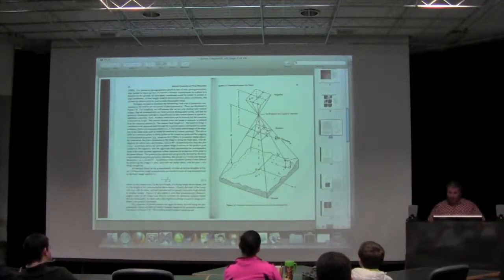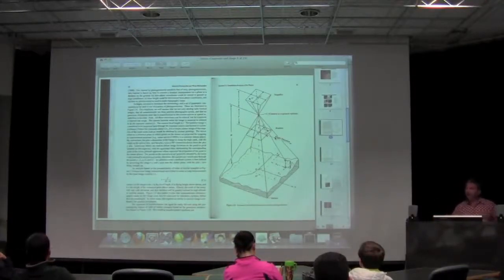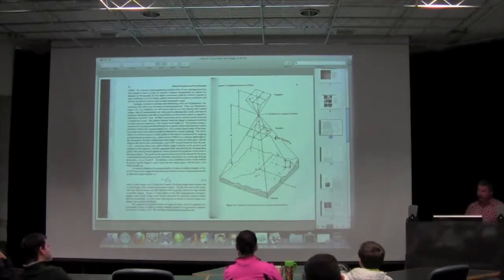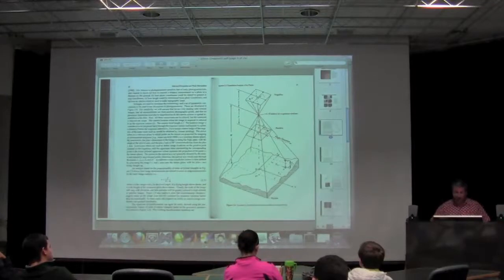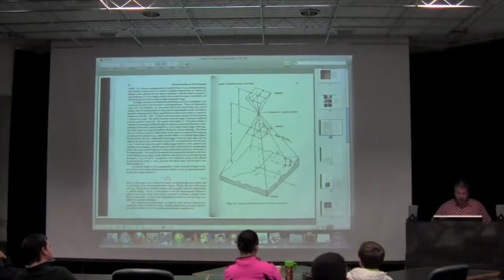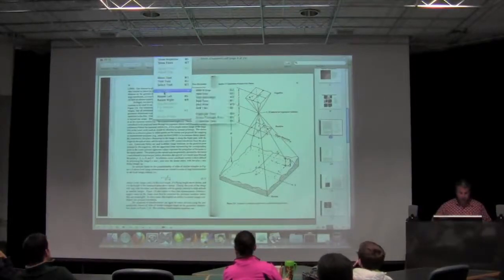What I want to do is set a context and a common framework for how we're going to use photogrammetry, or at least the notation that we use in photogrammetry. I think I can draw it out here.